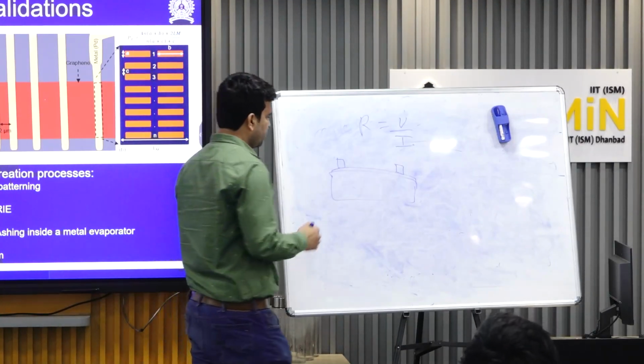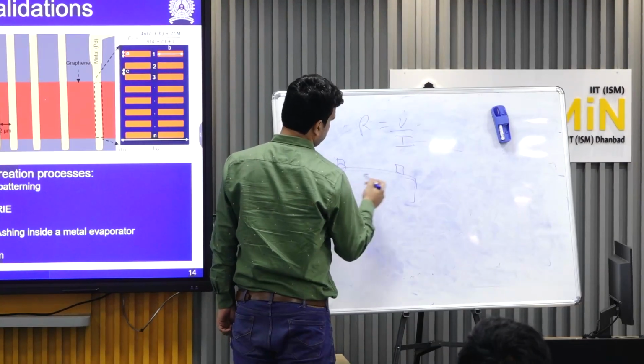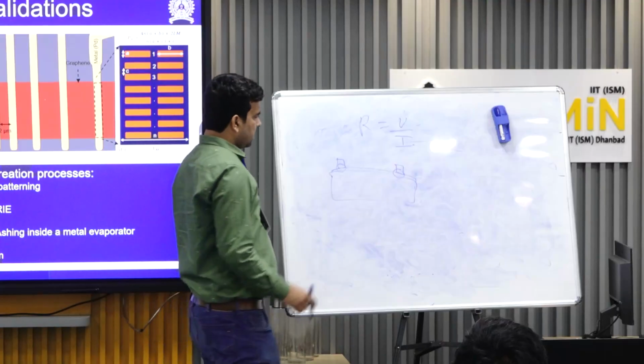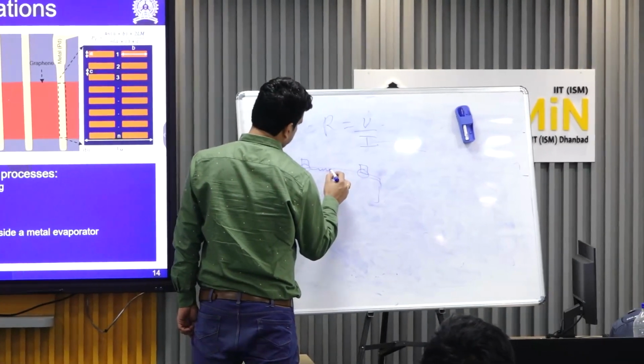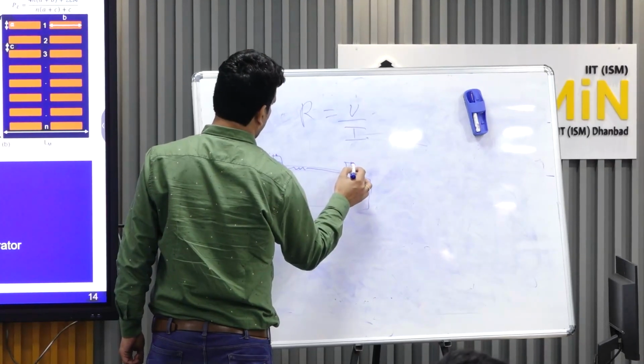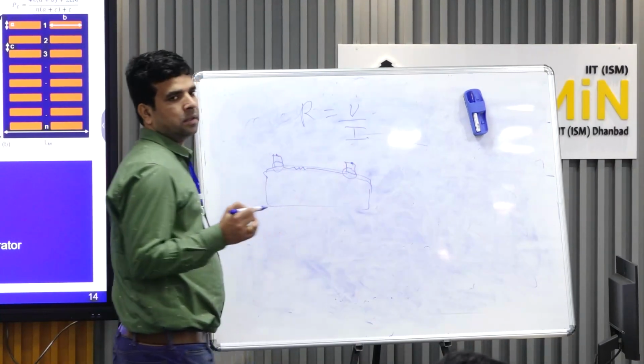It will include the contact resistance at this contact, the contact resistance at this contact, and the resistance of this channel also, because we find the total voltage between these two pads, these two points, and the current path goes through all of them.